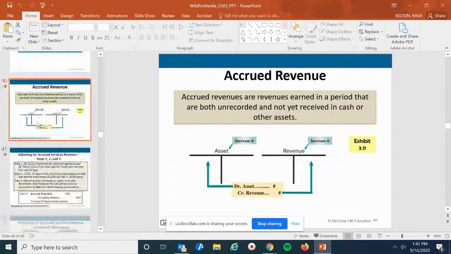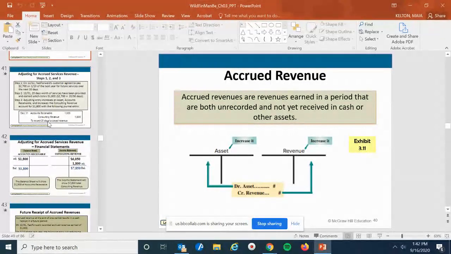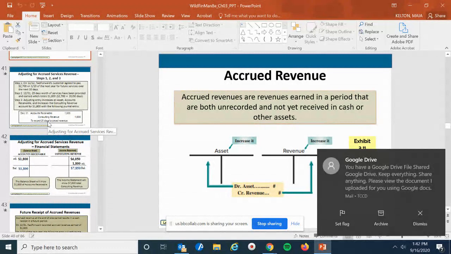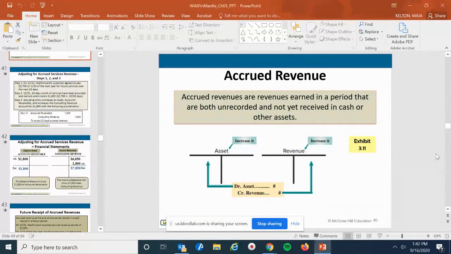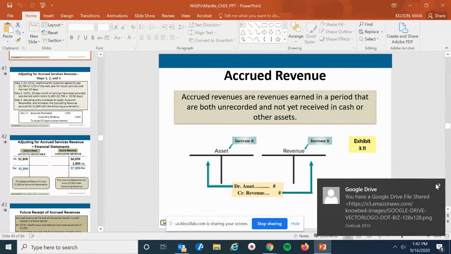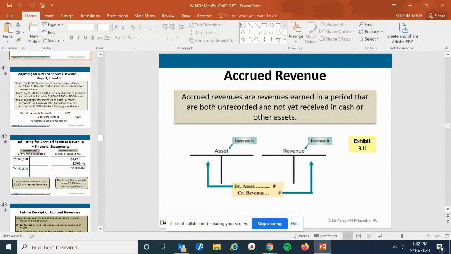Let's look at an accrued revenue, and then we'll go work a problem. So accrued revenues, this is something that you guys are actually familiar with. You didn't know it, but you are familiar with it. Accrued revenues are revenues that are earned in a period but are both unrecorded and not received in cash.